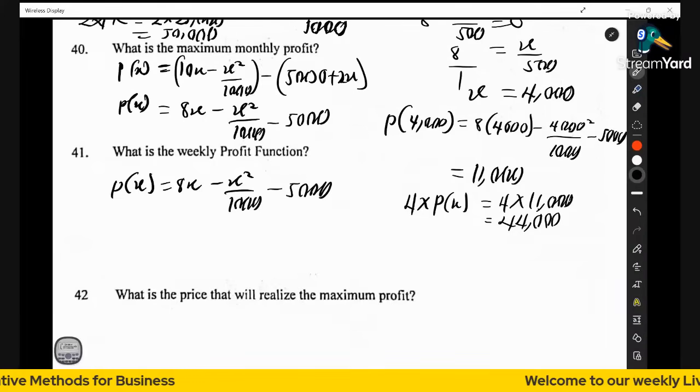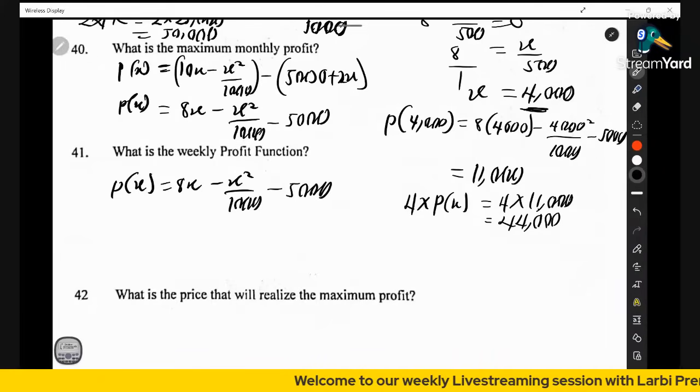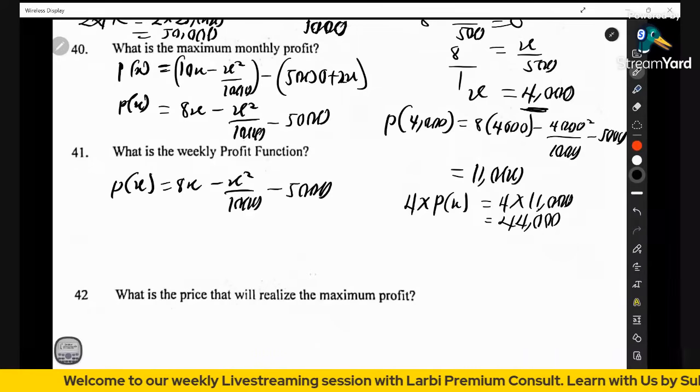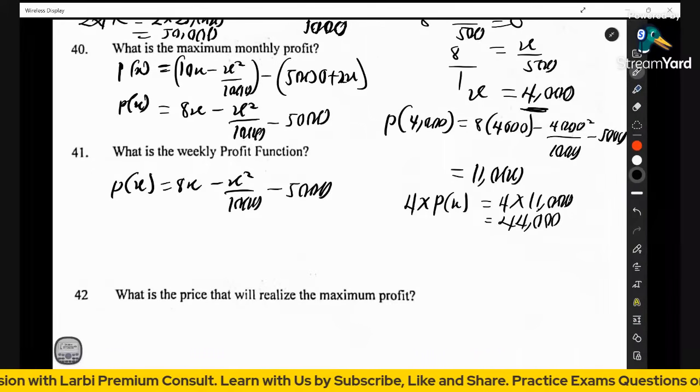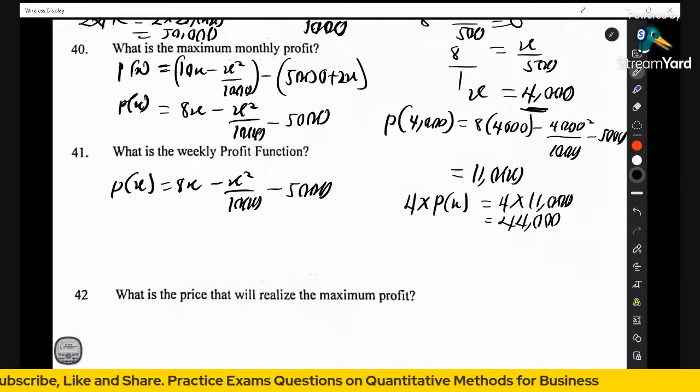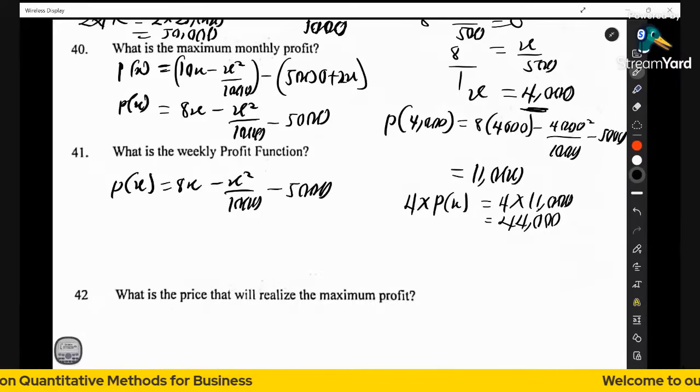So once you know that unit or level, which in this case was 4,000, we use that and substitute into the price function so that we get to know the price for the profit level of production. So that is the meaning behind what is the price that will realize the maximum profit. So we'll take into account the unit of output at the profit level. When we find the first derivative, substitute that into the price function, then we get the price for that.